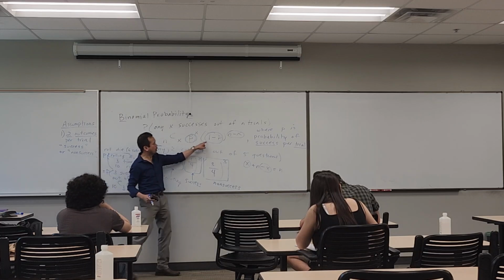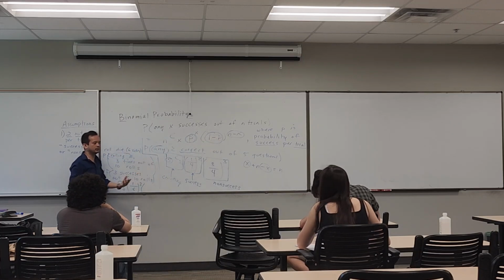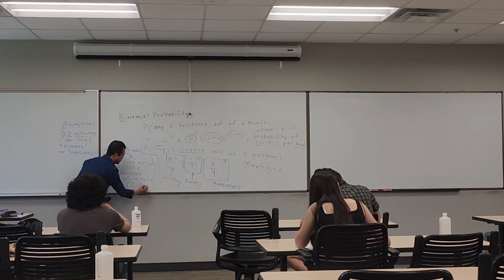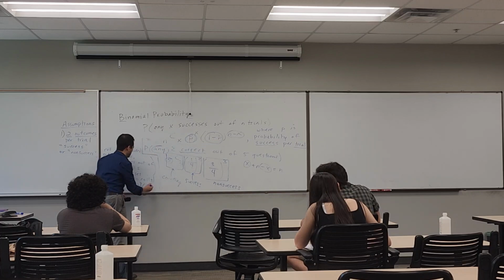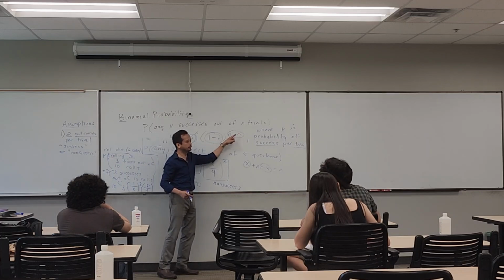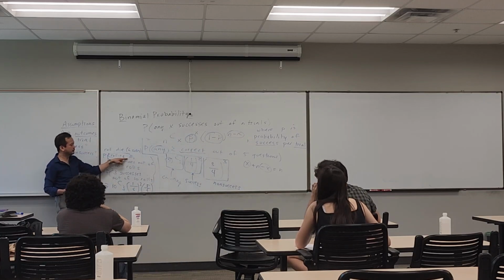times 1 minus p, which is the probability of non-success, which is the probability of not rolling a 2. 5 out of 6. Yeah, that would be 5 out of 6. Or you could calculate it as 1 minus 1/6. And then raised to the number of non-successes we want, or the number of non-2s that we roll.